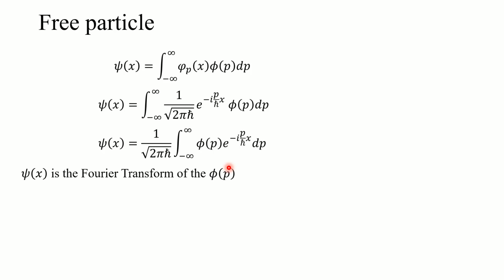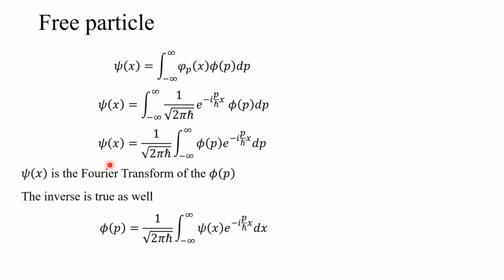This is the Fourier transform of this momentum space wave function, right? So our position space wave function is the Fourier transform of our momentum space wave function. And the inverse of that is true. If we take the inverse Fourier transform of our wave function, we get the momentum space wave function.